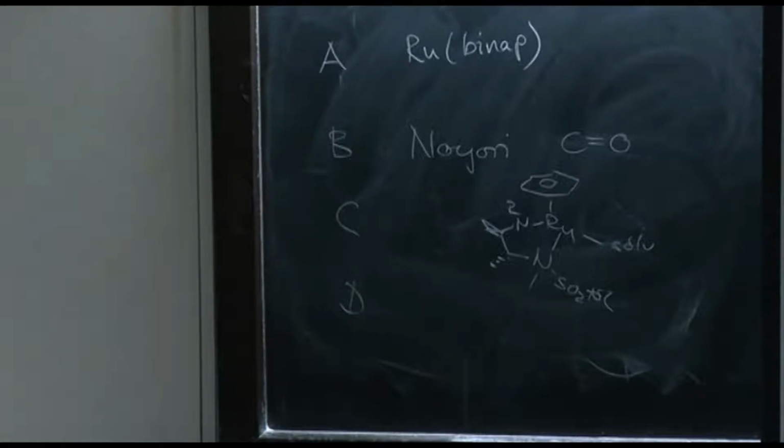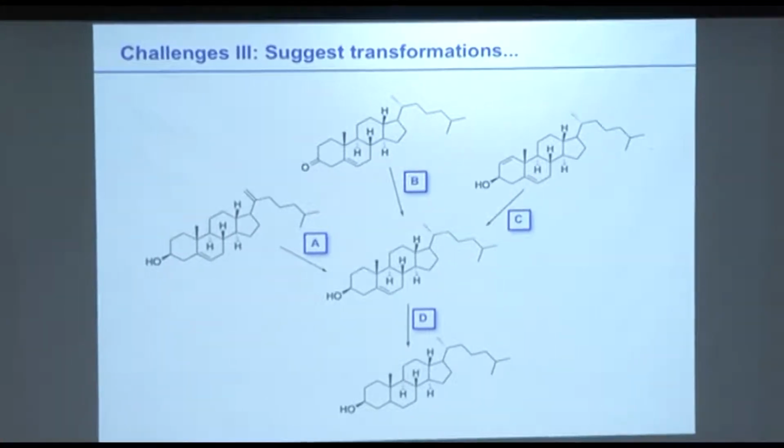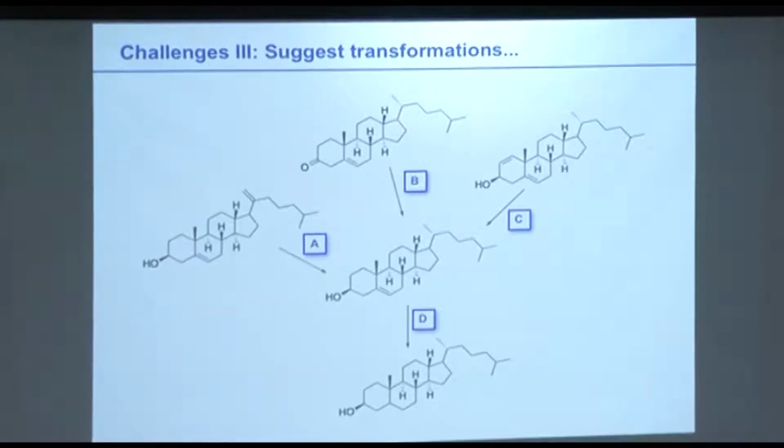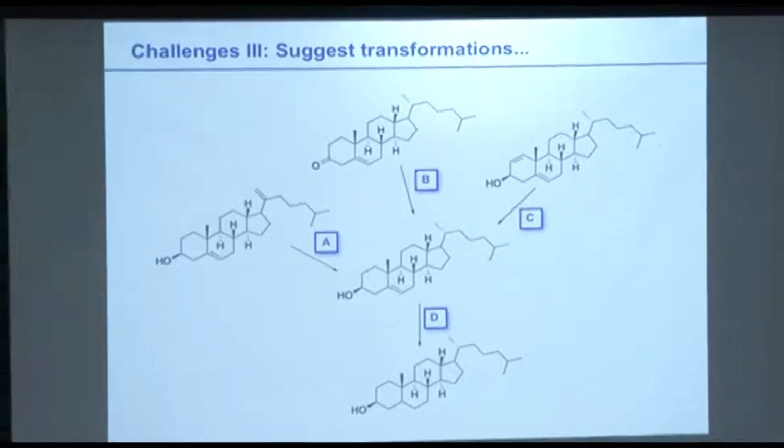Other suggestions? Alternative suggestions? C? C, Crabtree.